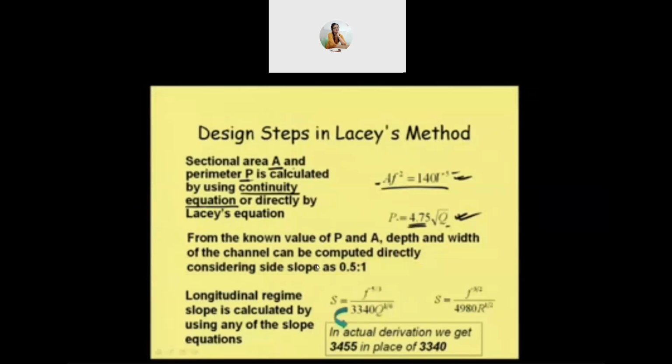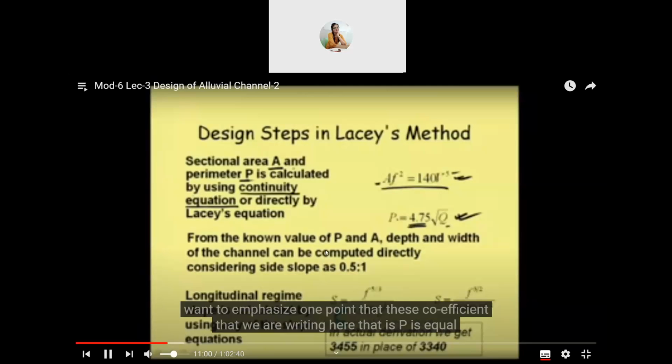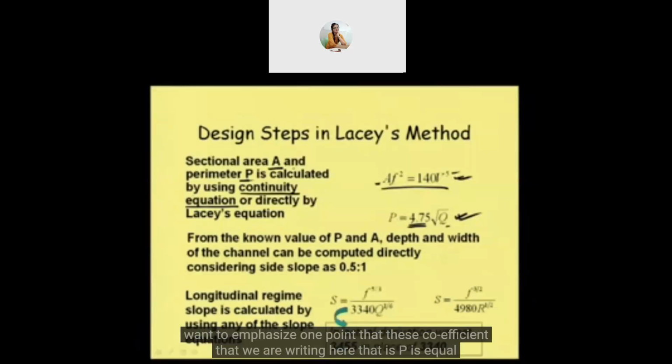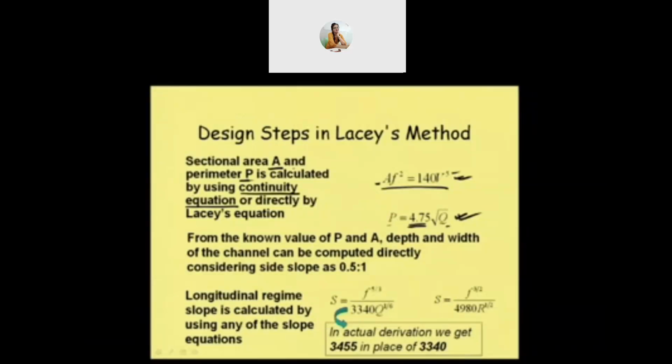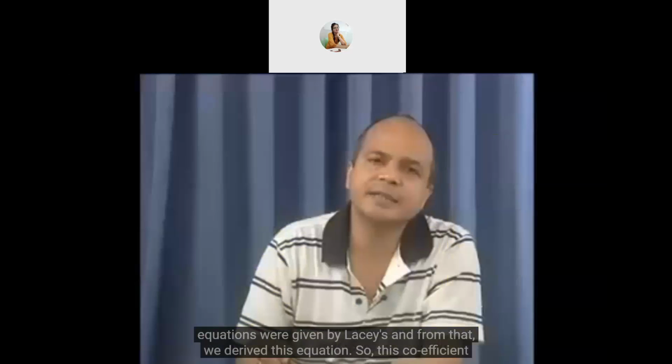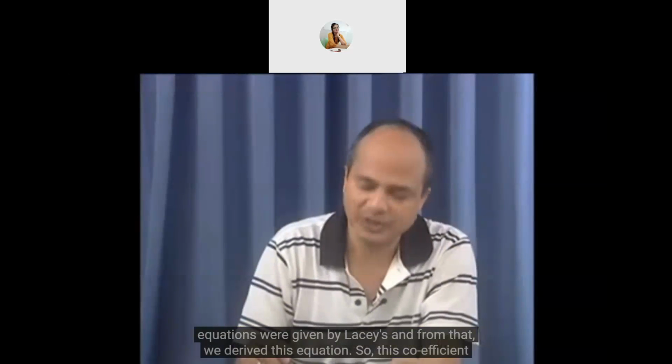Now here I want to emphasize one point: these coefficients that we are writing here, that is P is equal to say 4.75, that equation itself is a derived equation. Original equations were given by Lacey, and from that we derived this equation.